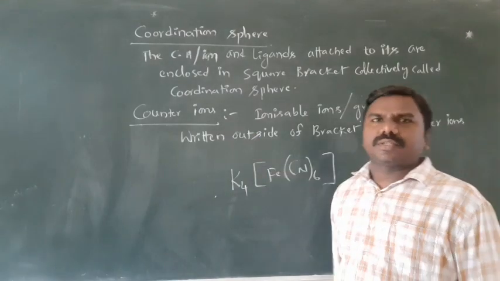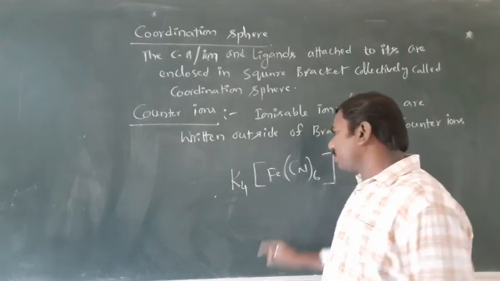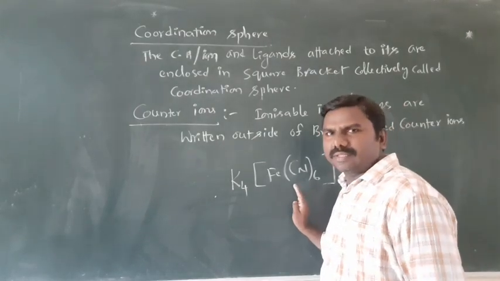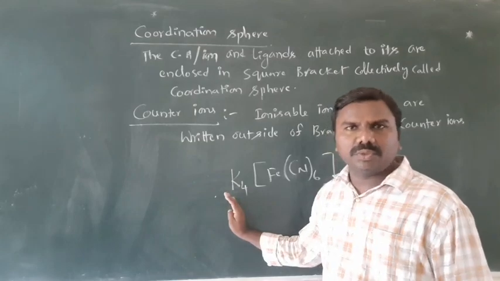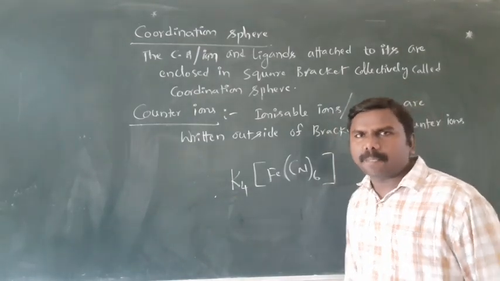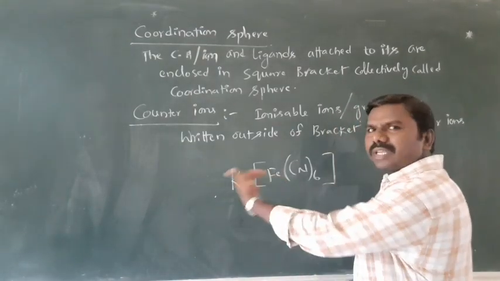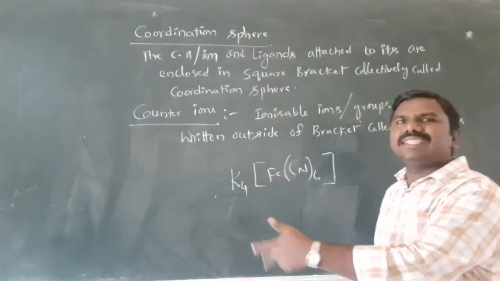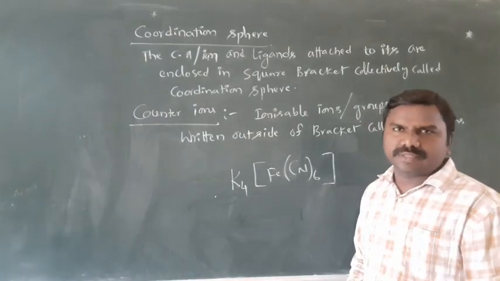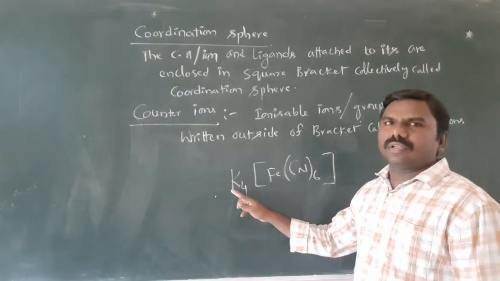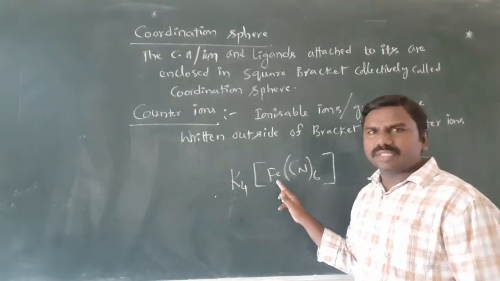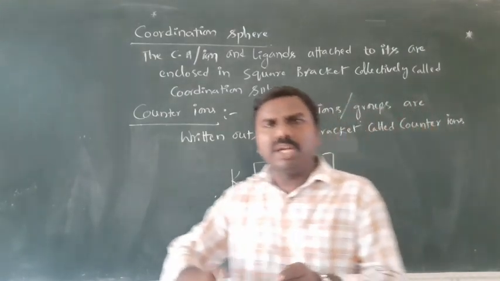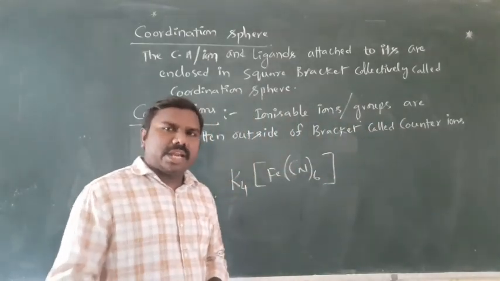Now counterions. Counterions are there to make it balance. Outside, a few ions are there. Those are named counterions. Outside of the square bracket, they are easily ionizable. These ions cannot directly contact the central atom. That's why they are easily broken into ions, that's why easily ionizable.